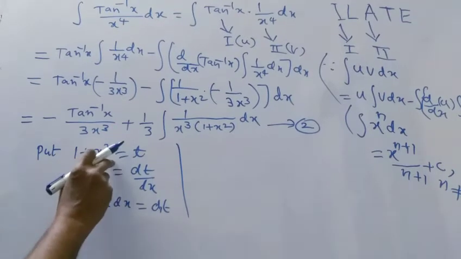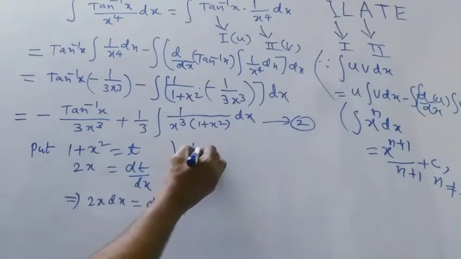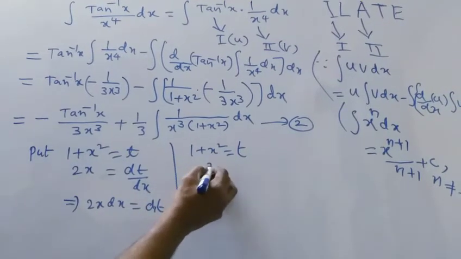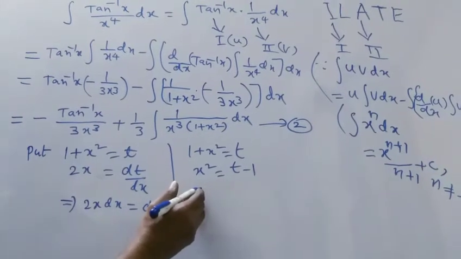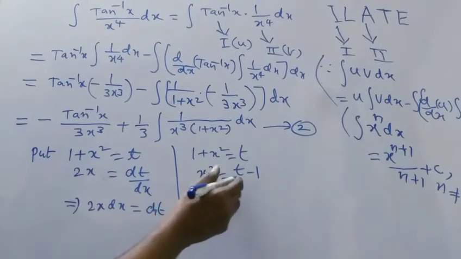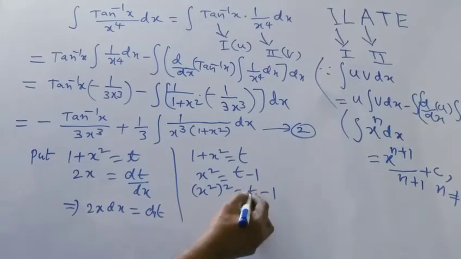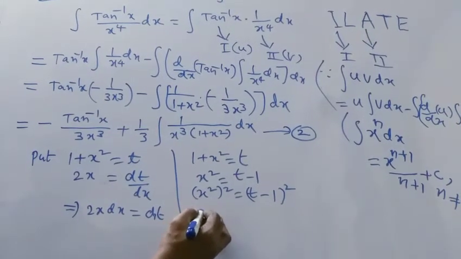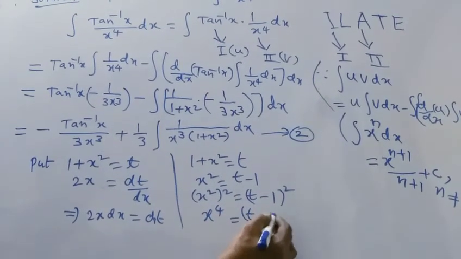Here 1 plus x square is equal to t, so x square is equal to t minus 1. Squaring on both sides, x square whole square is equal to t minus 1 whole square. It becomes x to the power of 4 is equal to t minus 1 whole square.